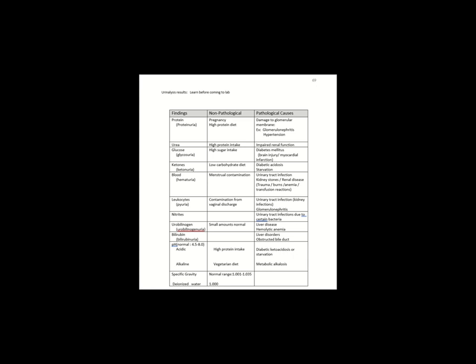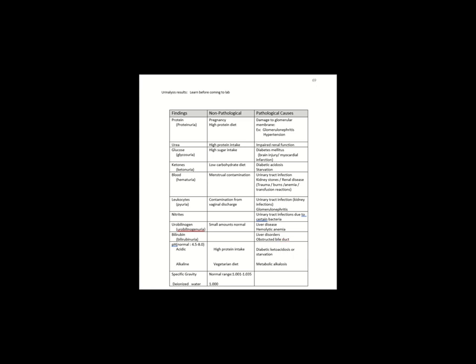We expect to find some of this in the urine, but elevated, pathological causes could be liver disease or hemolytic anemia. Bilirubin in the urine is bilirubinuria. Again, no non-pathological causes. Pathological causes could be, again, liver disorders or an obstructed bile duct.